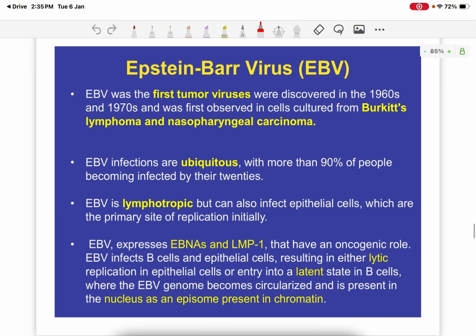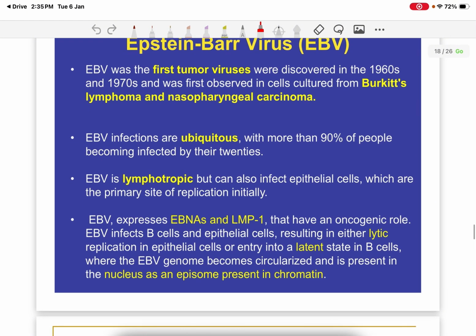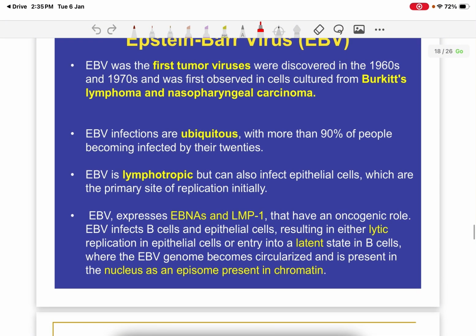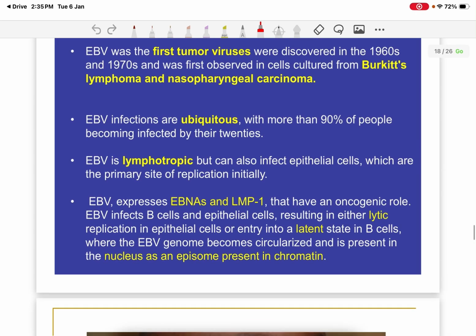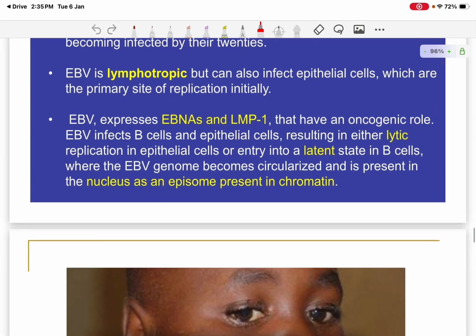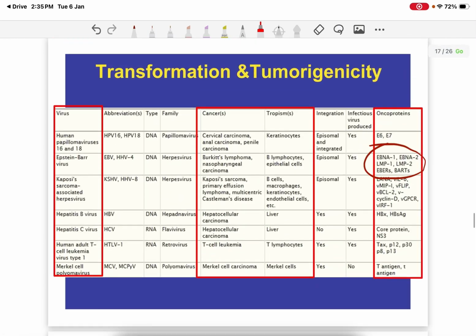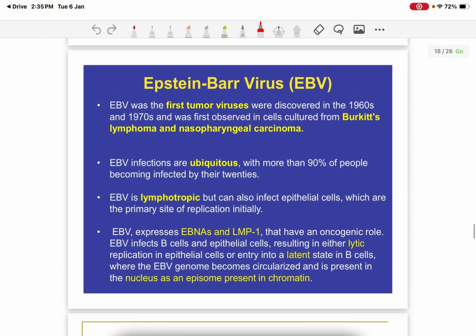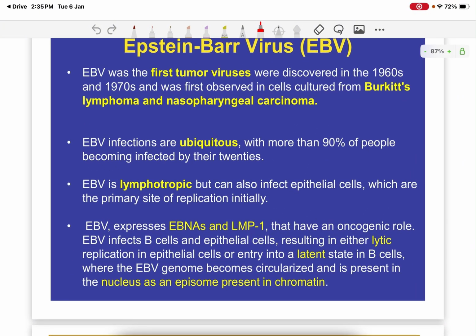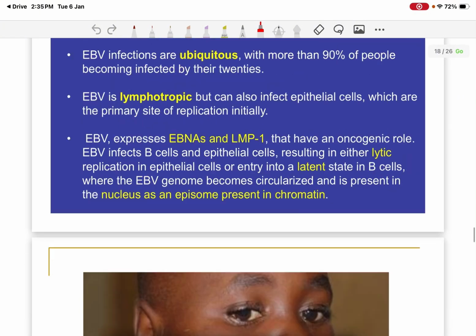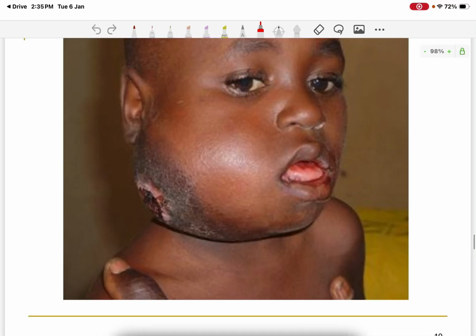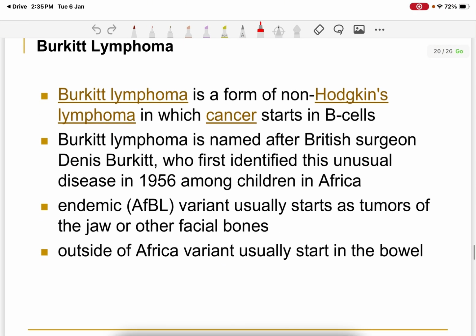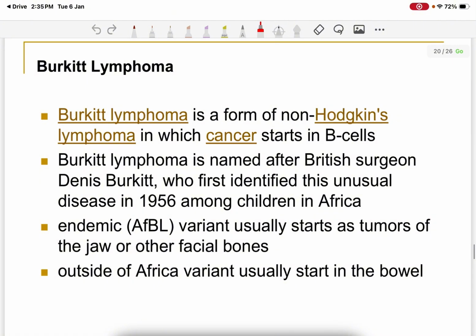And here is some explanation of EBNA and the LMP1, the lytic and the latent, and how it connects to form cancer. First tumor of the viruses, Burkitt's and nasopharyngeal carcinoma. I don't want you to know more than that, really. That's good enough. You have taken Hodgkin's lymphoma, Burkitt's, you have taken these things.